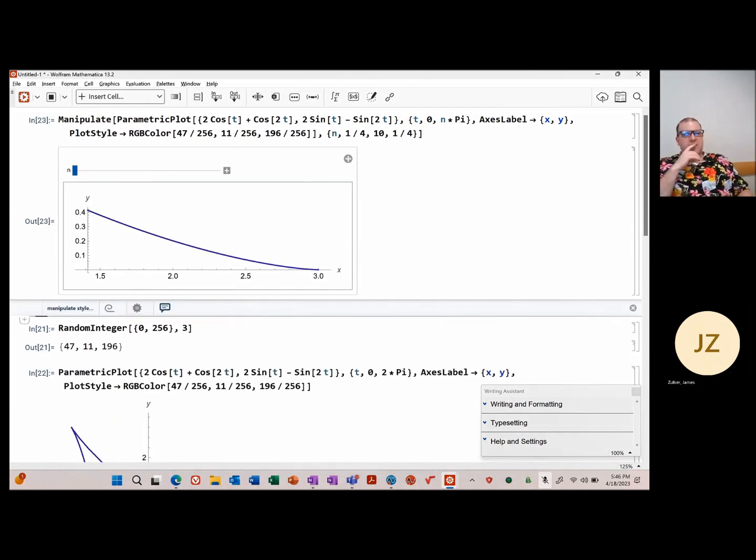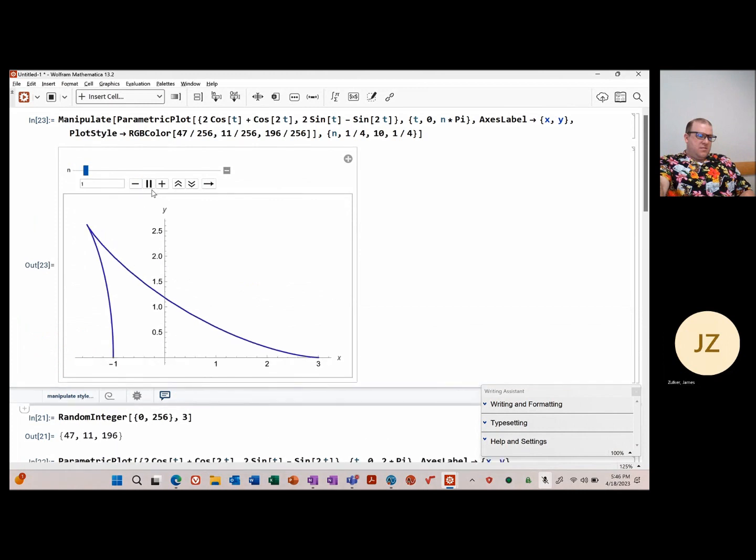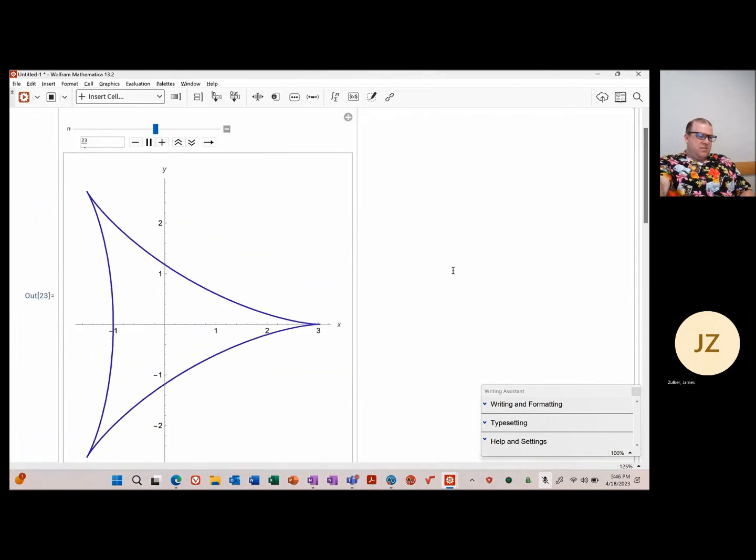What happens as I manipulate the domain? Nothing. It just finishes out the curve and then it just continues to trace over it.